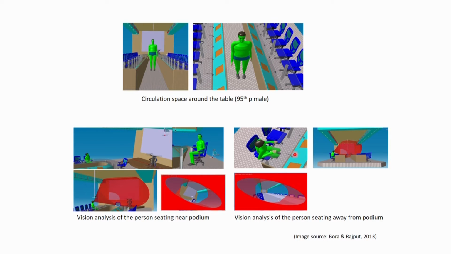So for that purpose, this type of display below the table surface has been provided. As I mentioned earlier also, these are student projects. They tried to develop the CAD model of the conference hall and evaluate various human factor issues using digital human modeling software.